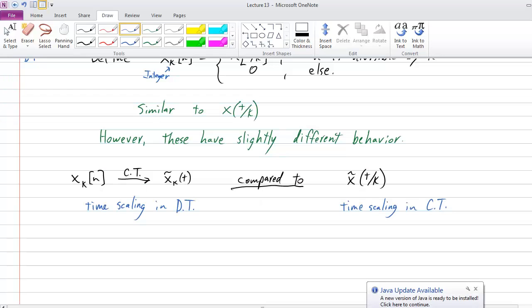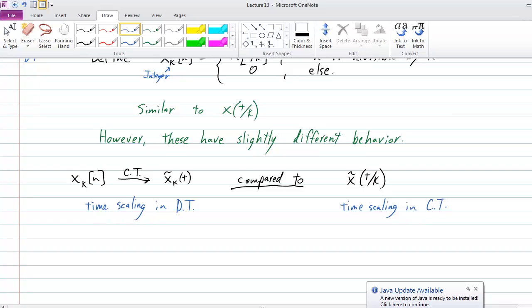So x tilde equals the sum to infinity of x of n, and then delta, and instead of t, we should put t over k, t over k minus n t. I just took the definition of x tilde and plugged in t over k.